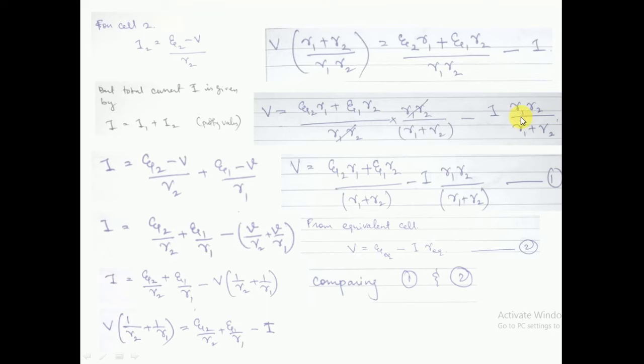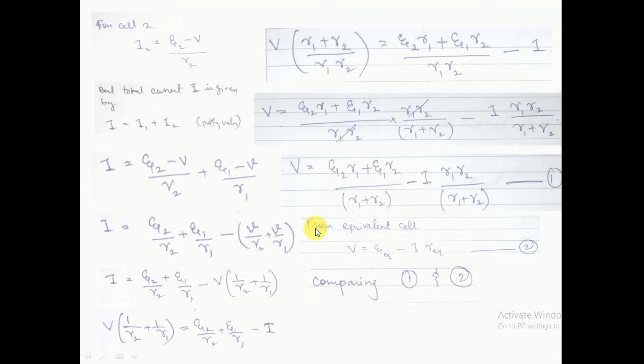So R1 R2 by R1 plus R2. Now again I'll simplify this. So I got V is equal to E2 R1 plus E1 R2 divided by R1 plus R2, minus I times R1 R2 by R1 plus R2.